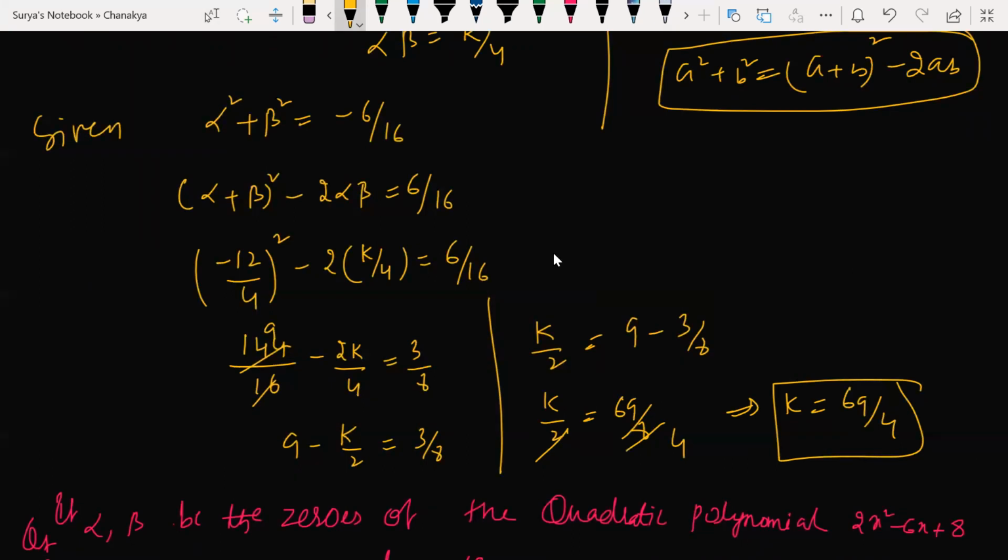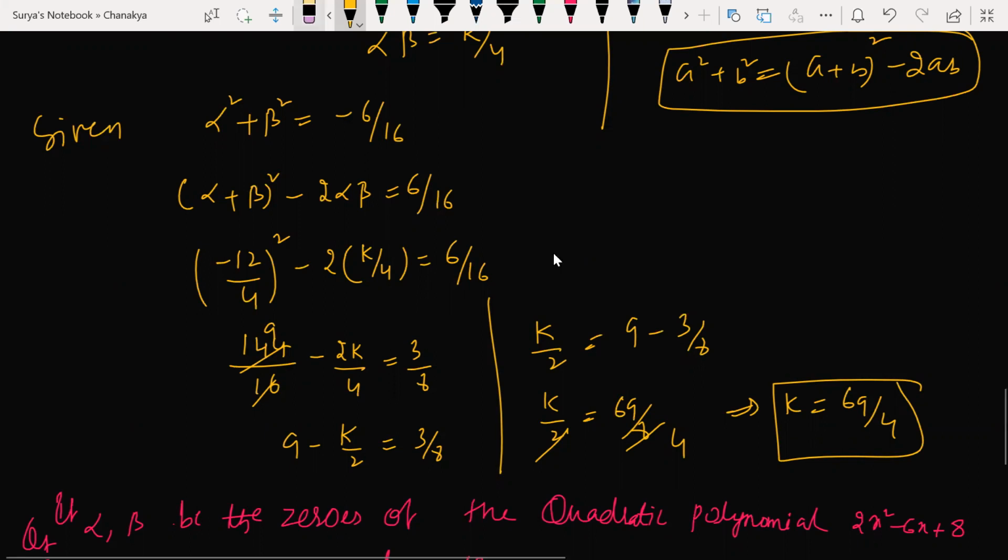You did not take the minus here. In the second step, alpha plus beta whole square minus 2 alpha beta is equal to minus 6 by 16. You did not take the minus, sir. So how do you translate k by 2 to 69 by 8, sir?